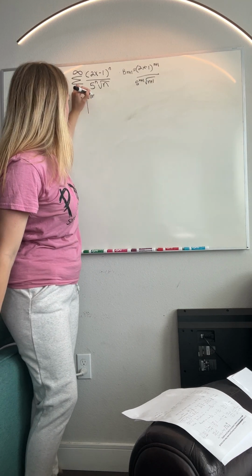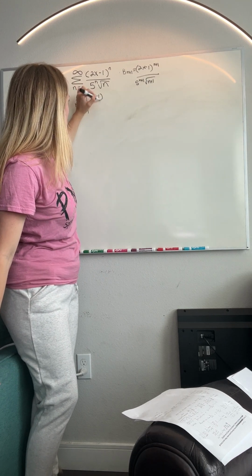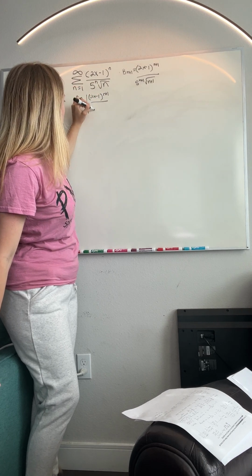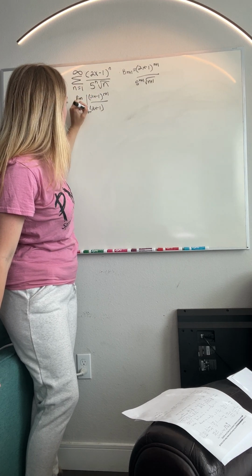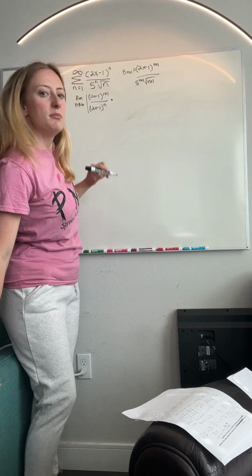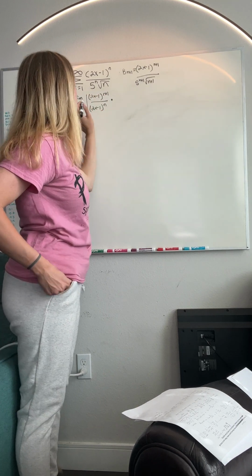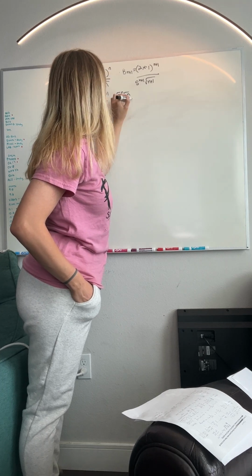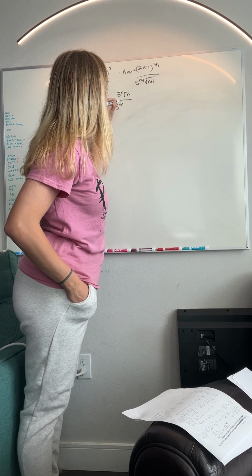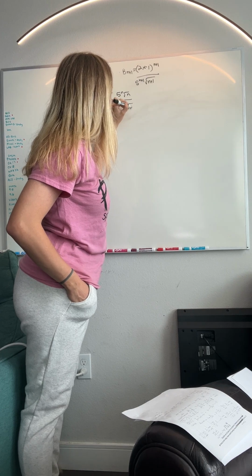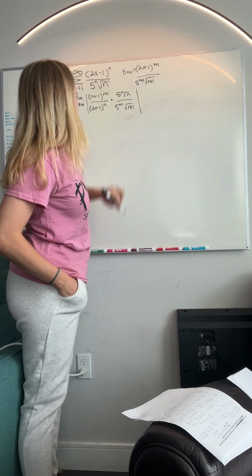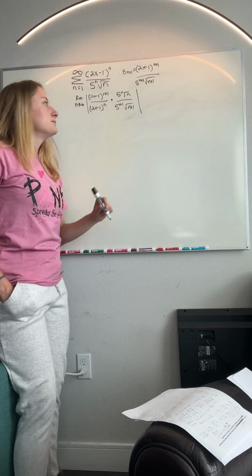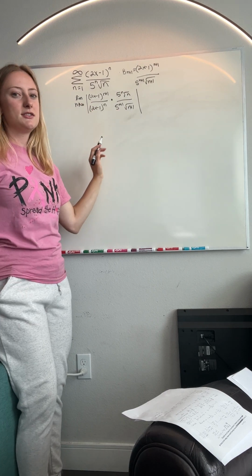So (2x - 1)^(n+1) over (2x - 1)^n multiplied by the reciprocal, which is 5^n root n over 5^(n+1) root n+1. Okay? So I just skipped a couple steps, but hopefully you can see that I just flipped it there. And so now I can cancel out some of these terms.